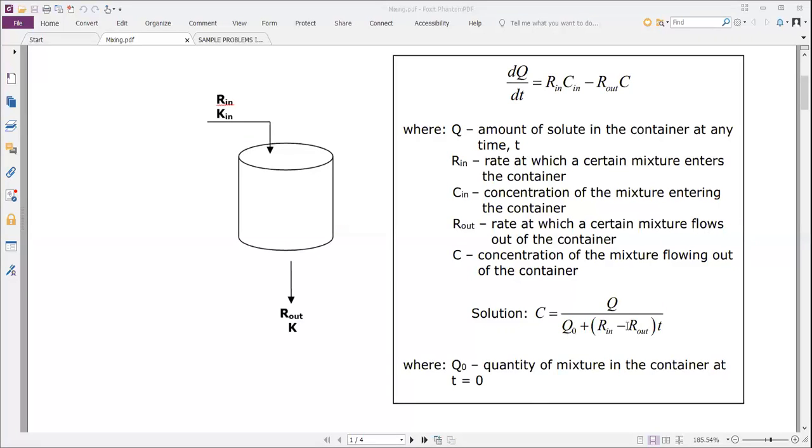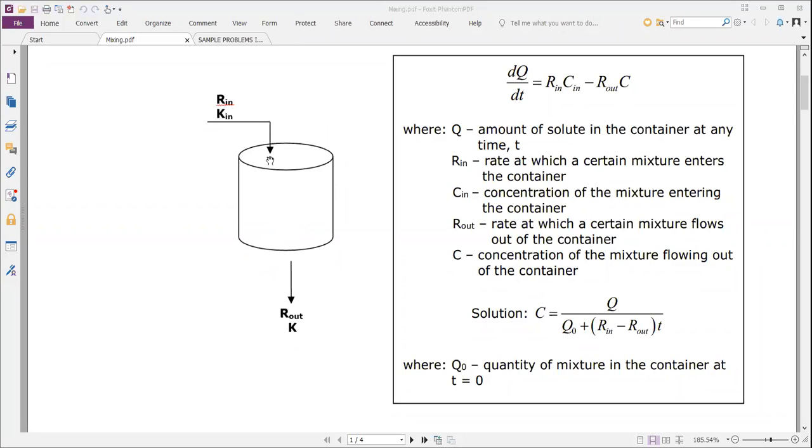In the case wherein the rate coming out is greater than the rate coming in, then at some point your tank will go dry, because what comes in is less than what comes out. In cases wherein R in is greater than R out, there's a time for your tank to overflow, because what goes out is less than what comes in.